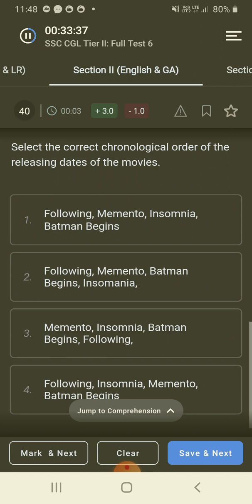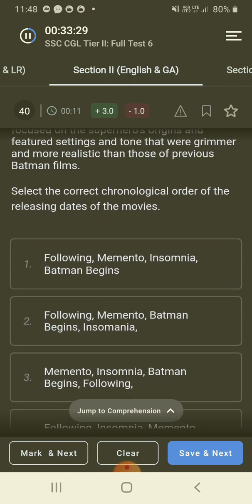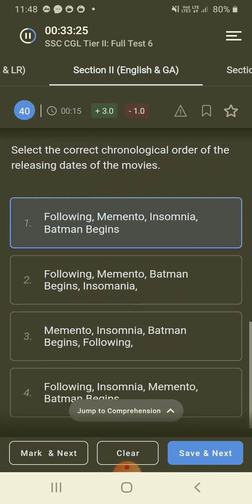Select the correct chronological order of the release dates of the movies. Release dates following Memento, Insomnia, Batman Begins, Insomnia.